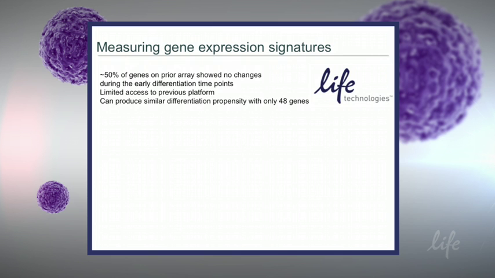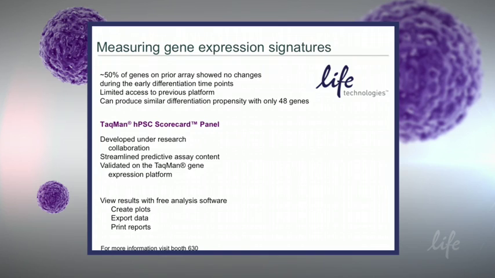Then, through this collaborative project with them, we adapted it to the TaqMan platform. There are a lot of additional details on the downstream analysis that I won't be able to show you, that you should check out at their booth.